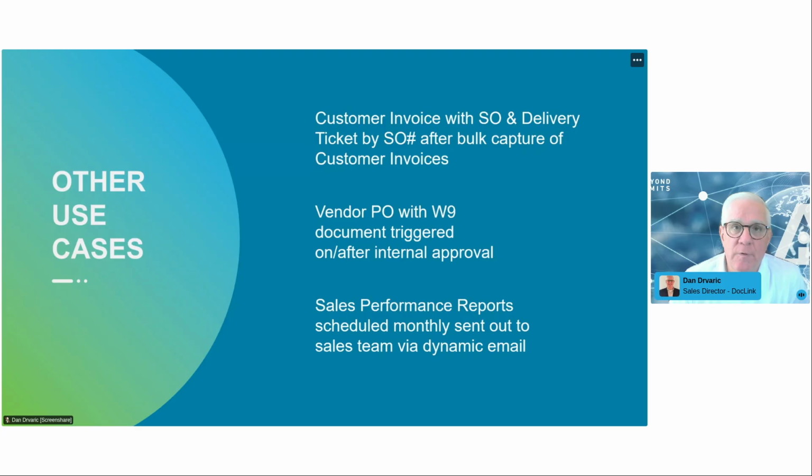We could capture those sales reports from Acumatica or perhaps one of your other internal systems. Maybe it's a CRM system or other program that you're using. We can capture those internal documents and then take advantage of the capabilities in DocLink to automatically deliver those reports to others within the company.